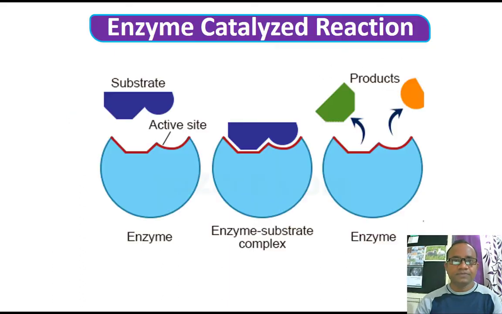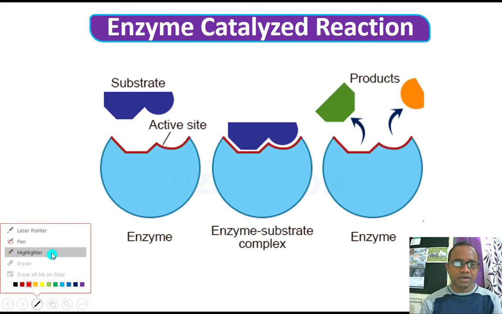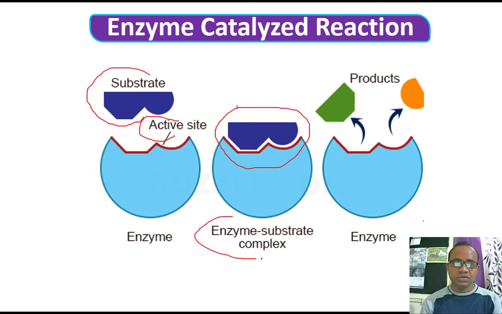product. So in enzyme catalyzed reactions, mostly what we have to keep in mind is the active site and the substrate. Substrate, as I told you, is specific to the active site. The substrate and the enzyme active site bind and produce the enzyme substrate complex.